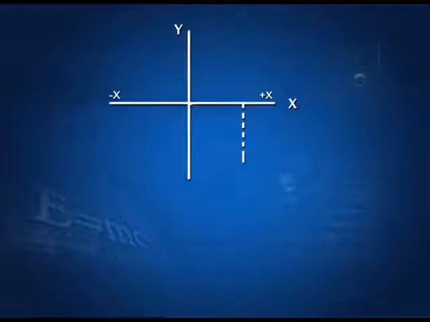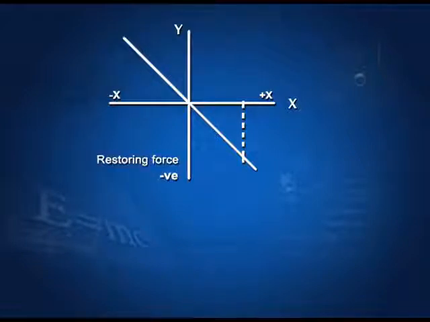Please continue to think about the earlier example of the horizontal springs. If you were to talk about the force extension curve, it will look like this. Why? Because the restoring force was negative when the displacement was positive, and it was positive when the displacement was negative. So, this is the kind of graph you will get.